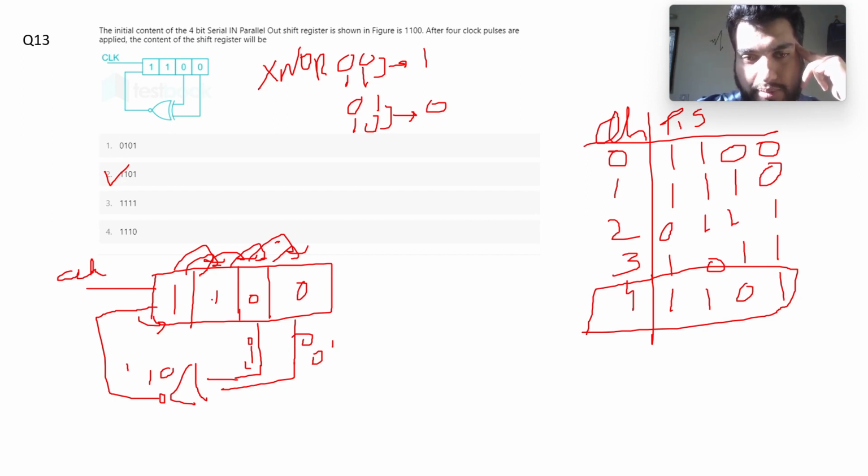This 1 comes here and all the bits are right shifted. Similarly, the next XNOR gives 0, so right shift the other bits. Then the XNOR is 1, and right shift these bits. So after 4 clock pulses, the state of the register is 1 1 0 1. So option 2 is the correct answer.